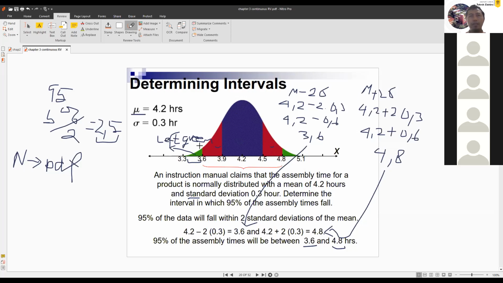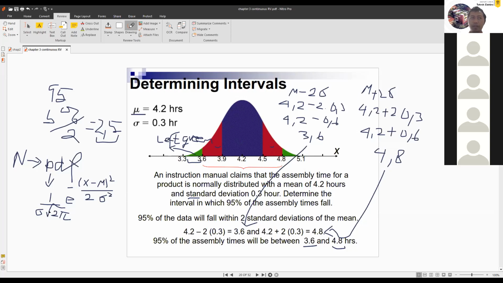Moreover, this graph has a function, which mathematically we can express like this: the PDF equals 1 over the standard deviation times the square root of 2 pi, times the exponential of minus (x minus mu) squared divided by 2 times the variance. That's the function of this graph.